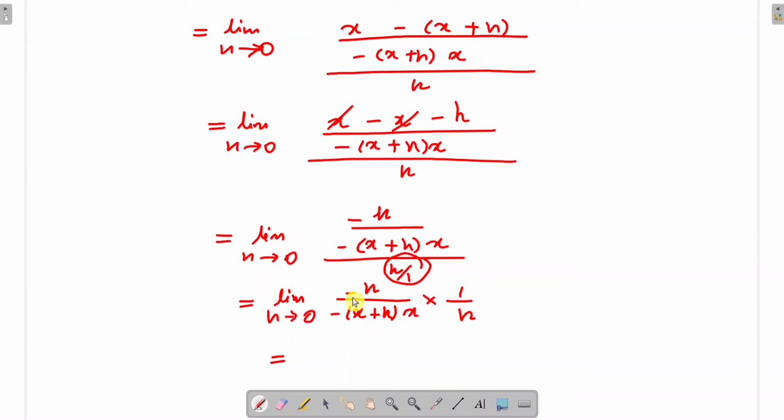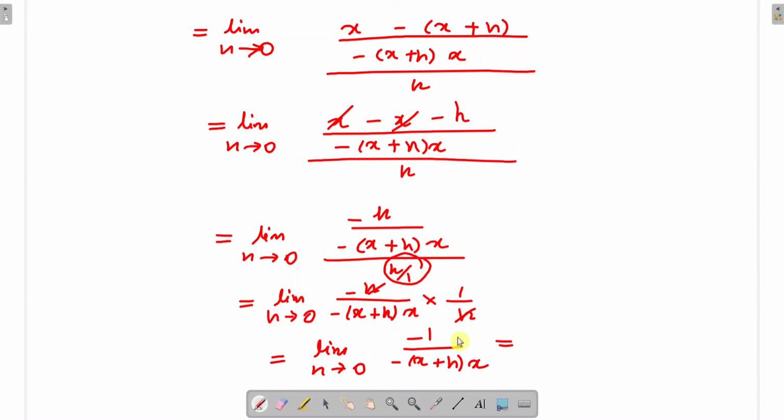So this will be equal to, now, this you have to understand properly, this is h by 1, and the reciprocal will get multiplied, so multiplied by 1 by h. Now h and h will get cancelled, you will get limit h tends to 0, minus of 1 divided by minus x plus h, multiplied by h.